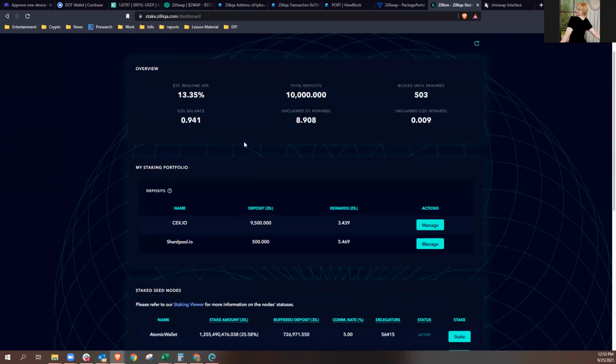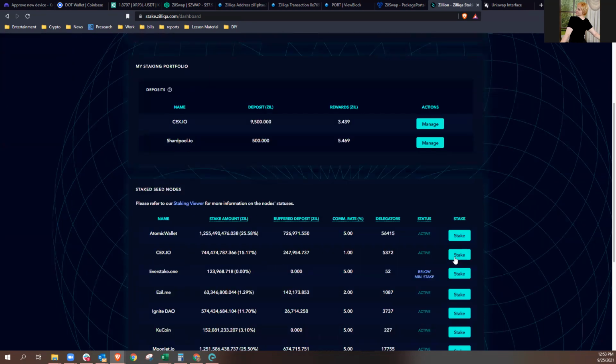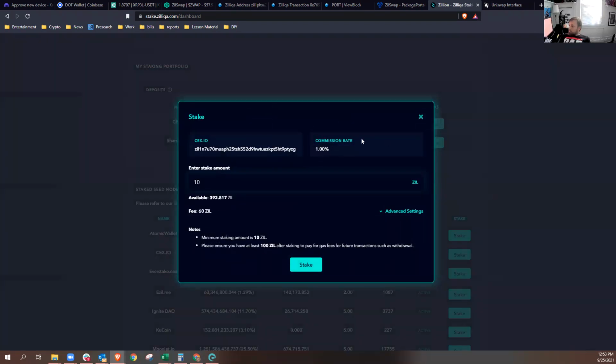Okay, so at this point, I would choose whichever node I want to stake on, like CEX.io, and then I would click stake. Correct. Once you click stake, I'll go ahead and show. Remember, leave 60 ZIL in your ZIL wallet because you want to be able to claim your rewards.